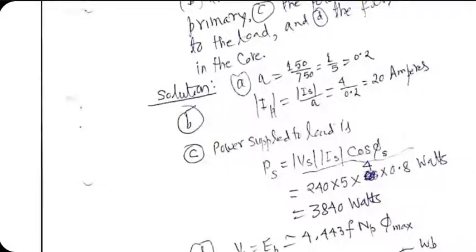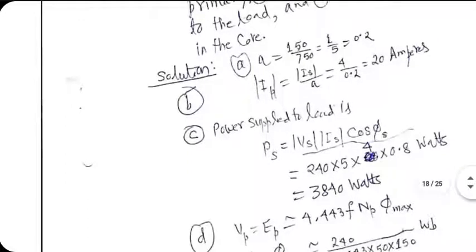Yes, so this is correct. Multiplied by magnitude of Is, which is 4, and multiplied by 0.8. So much of consumed power. I'm not calculating the reactive power here. They are not asking us anyway. That would have been magnitude of Vs multiplied by magnitude of Is multiplied by sine of phi s. So if cos of phi s is given, sine phi s can be calculated.